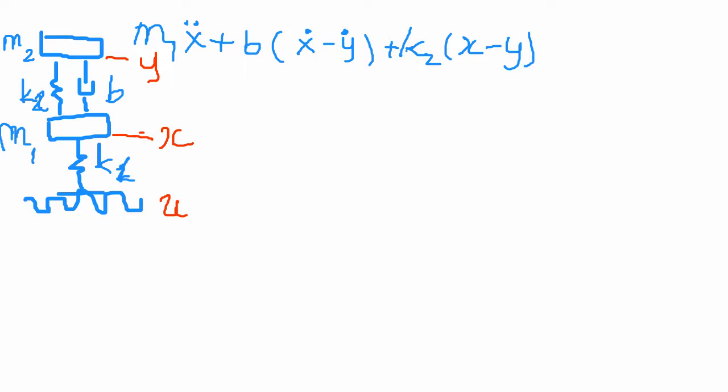Put dots. All right. K2 times x minus y plus K1 times, the position of the road is u here, so x minus u, equals 0.